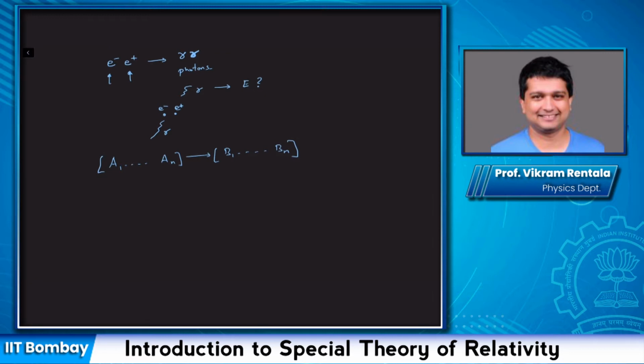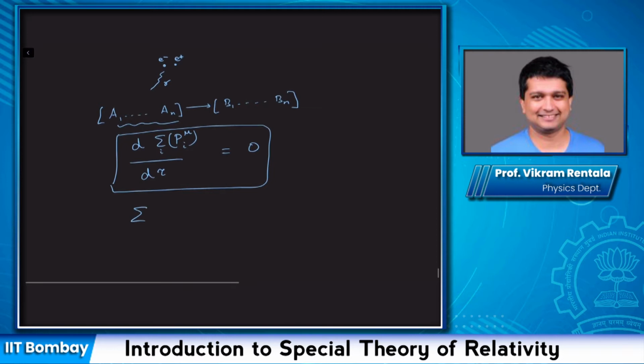So what should be true is, from Newton's laws, the sum over 4-momenta of each of these particles, d/dτ of the sum over i of p^μ_i, should be 0 because there's no external force acting on all these particles, which means that the sum over i of the 4-momenta is conserved. That is, whatever it is initially is the same as whatever it is finally.